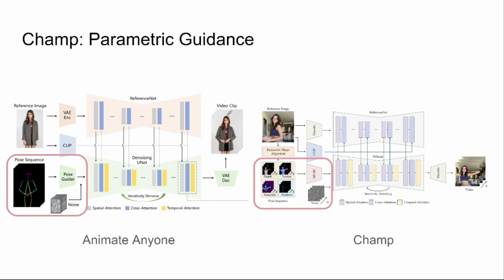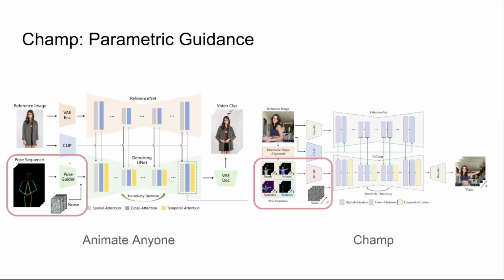I think that's one of the key problems in current solutions, but surprisingly it works very well. So basically we take the pose sequence as a color image sequence, apply convolution layers, and add it to the noise.